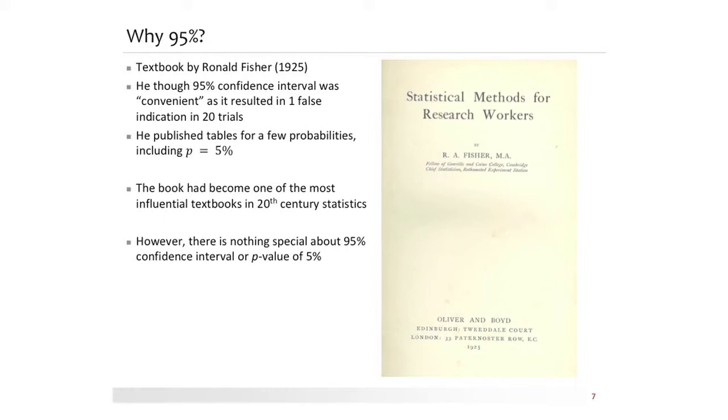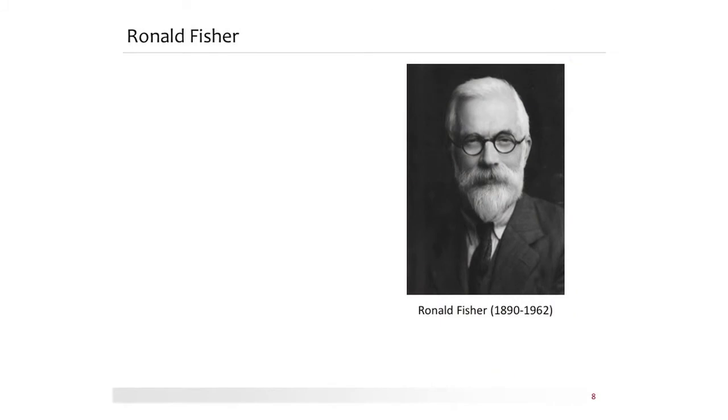But there is nothing special about 95% confidence or a p-value of 5%. You can use any value you want as long as you are consistent and you explain why you prefer this. Ronald Fisher, you've seen him before. I showed you this picture last time. As I said, probably the most influential statistician of the 20th century. He was also an evolutionary biologist.